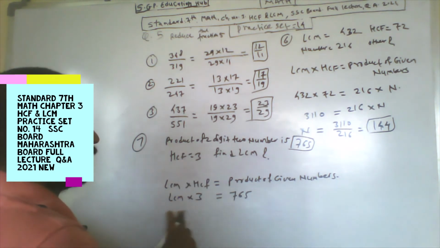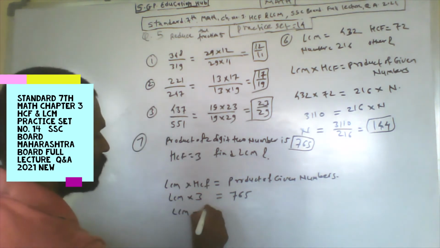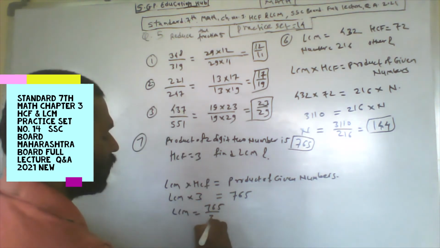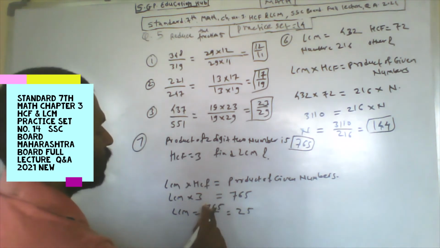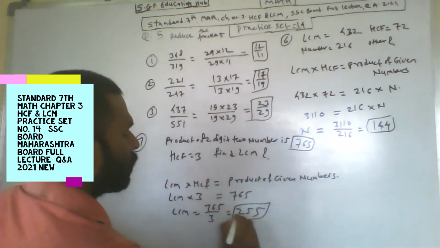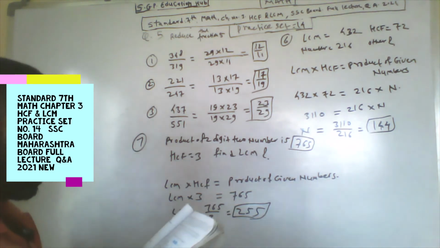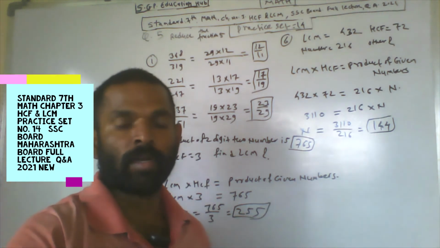Now LCM is equal to 765 upon 3. 3 2s are 6, 3 5s are 15. LCM is 255. Now we are going to question number 8.